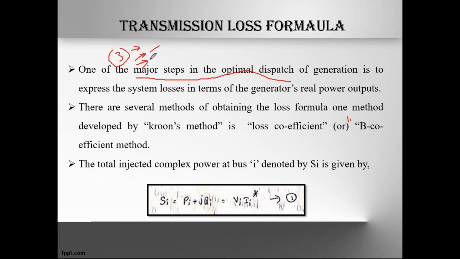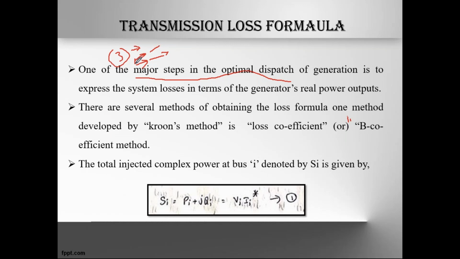In the third one, we are including losses. Only while including the losses can we know how much power we have to generate, how much power we have to deliver to the load, and how much loss will be happening while delivering power from the generating station to the load.